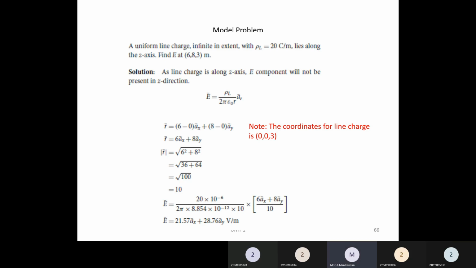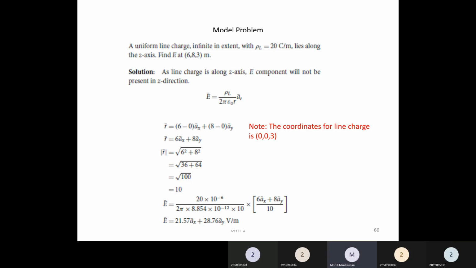The coordinates for the line charge are 0, 0, 3. Why have I substituted 3 here? We have to find the electric field at 6, 8, 3, and the problem gives the clue that the line charge is along the z axis.